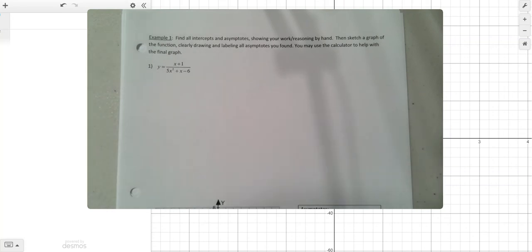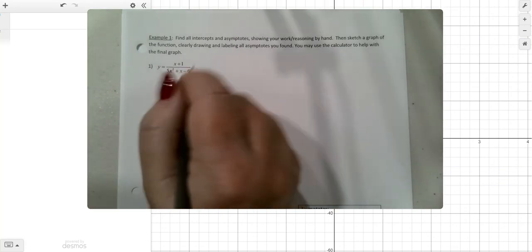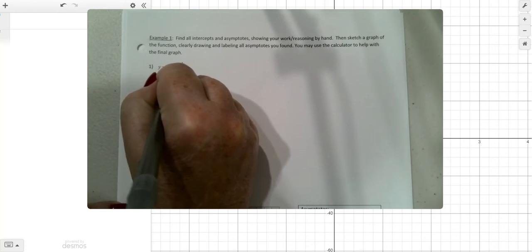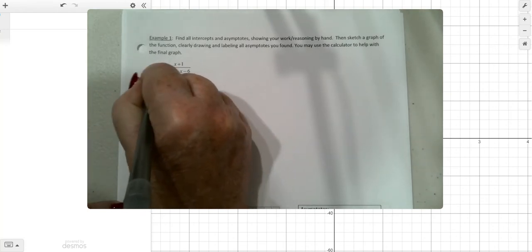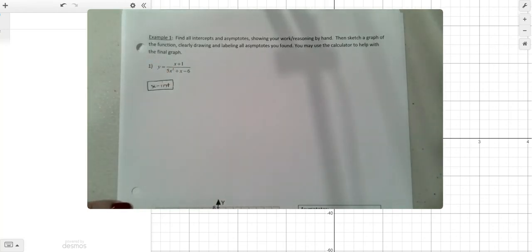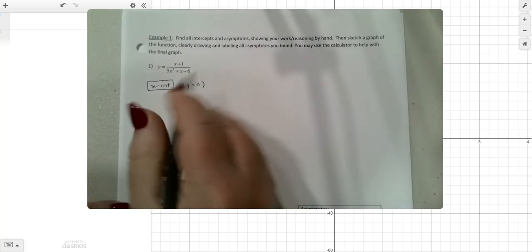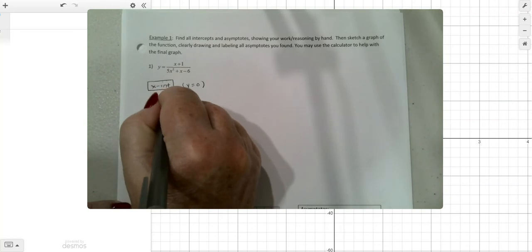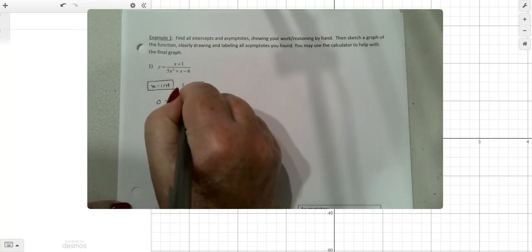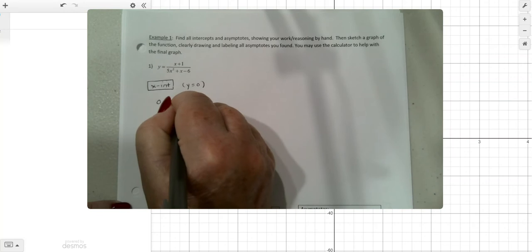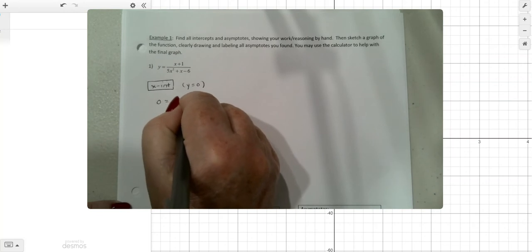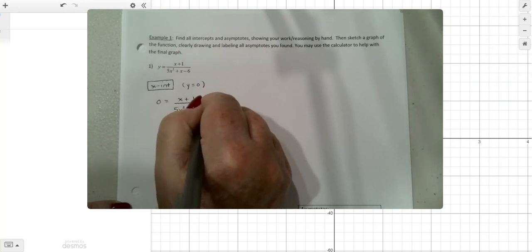All right, so I'm going to start with my intercepts. The x-intercepts we find by letting y equal 0. So my equation becomes 0 equals x plus 1 over 5x squared plus x minus 6.